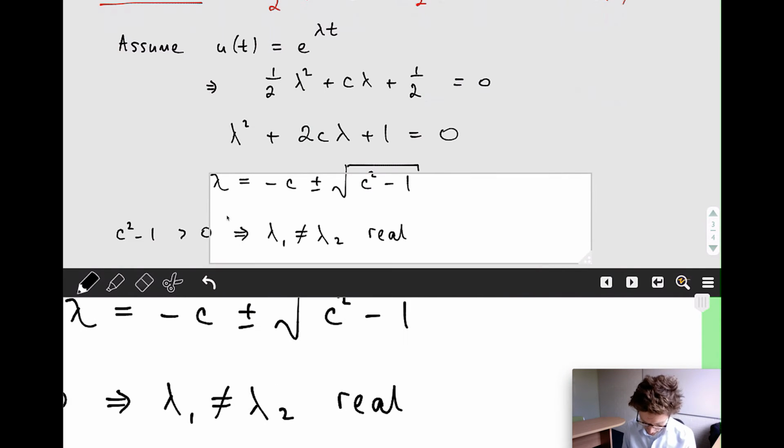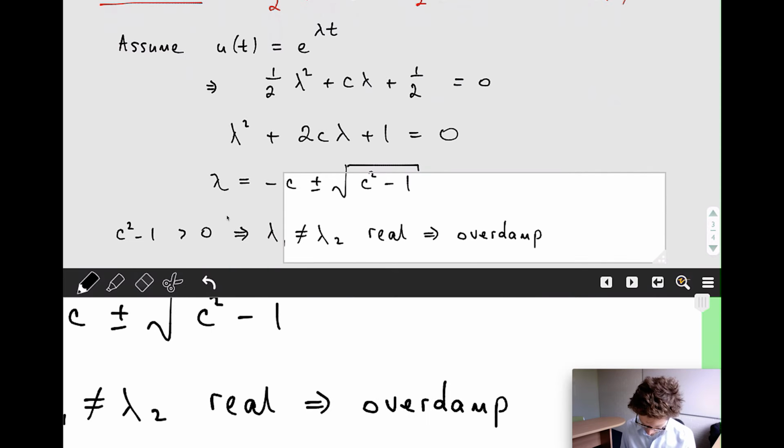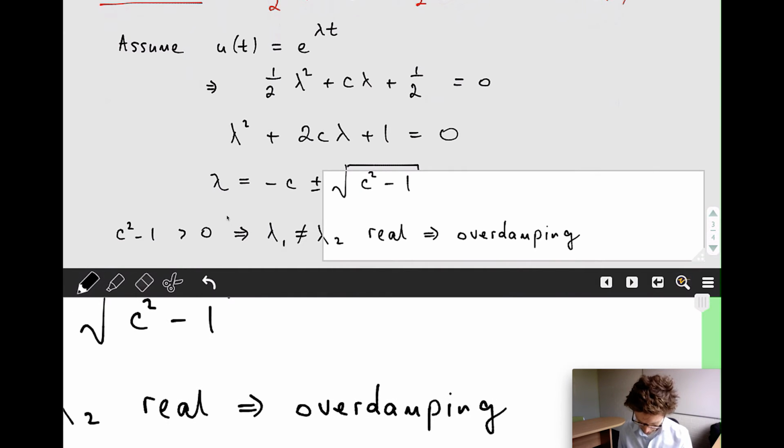And we saw that this was the case we called overdamping. So overdamping will happen when c squared minus 1 is greater than 0. So that's going to occur when c squared is greater than 1, or c is greater than 1.